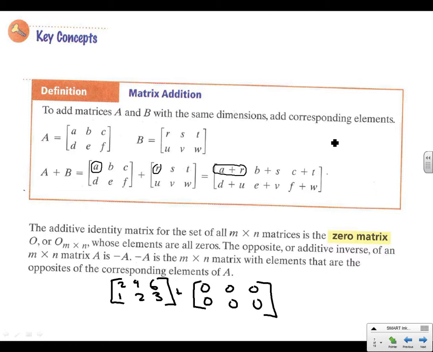So that if we added these two things together, our final answer would be just our original matrix, because every single number would have been added plus 0, so it wouldn't have changed. All right? So this guy right here is what we call the zero matrix. All right? Useful in a couple places.